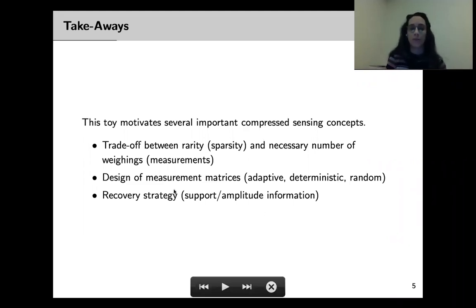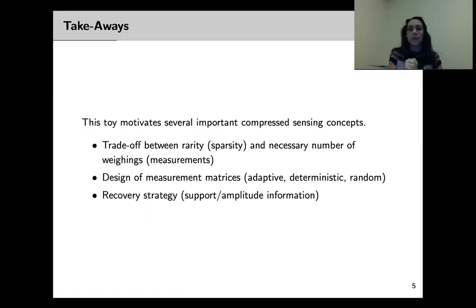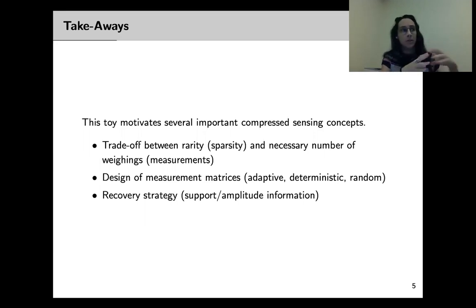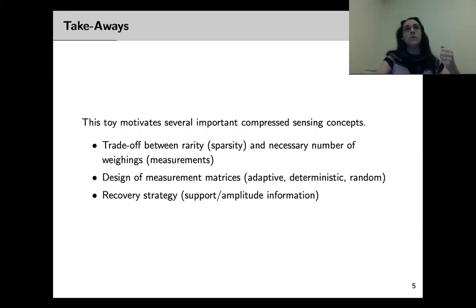Okay. It also demonstrates this idea of designing a measurement matrix, and designing how we're going to measure. There are techniques for measuring signals in compressed sensing that are adaptive, right? You take a measurement, and based on the value you get out, you make your decision about how you're going to take your next measurement. Or you might have something deterministic.